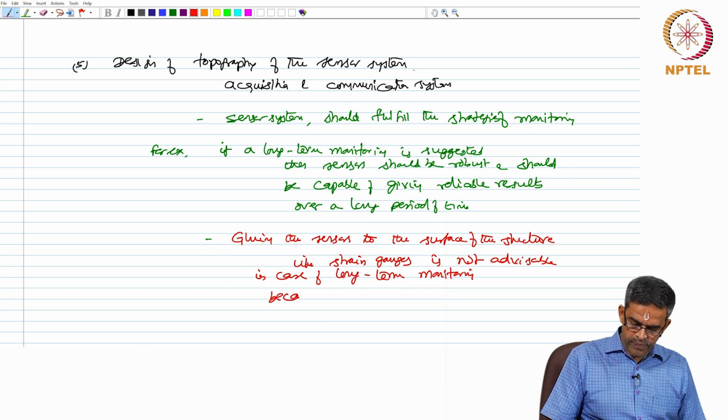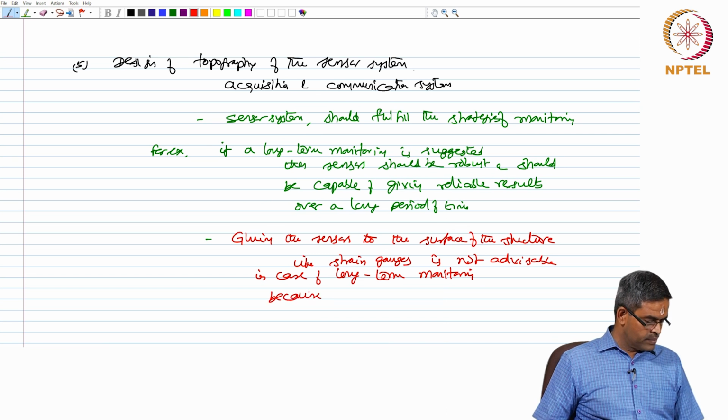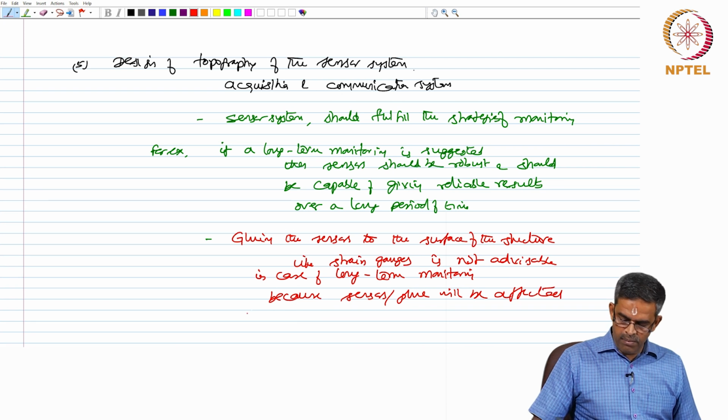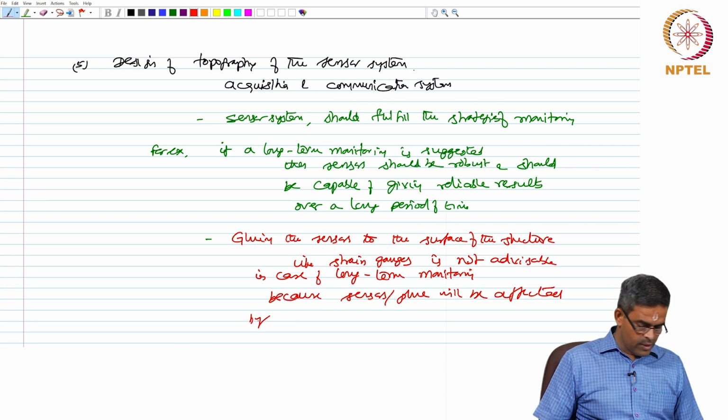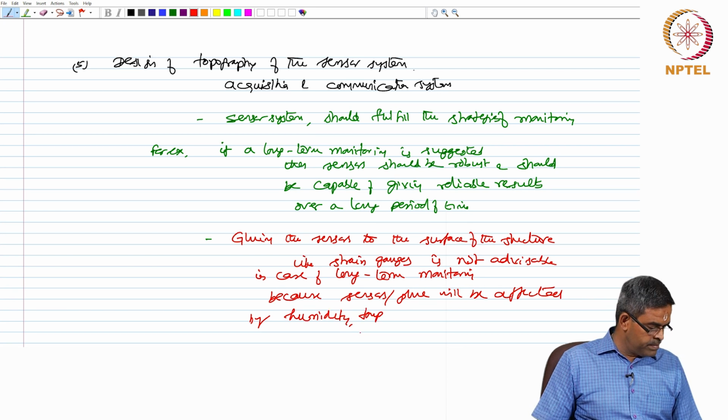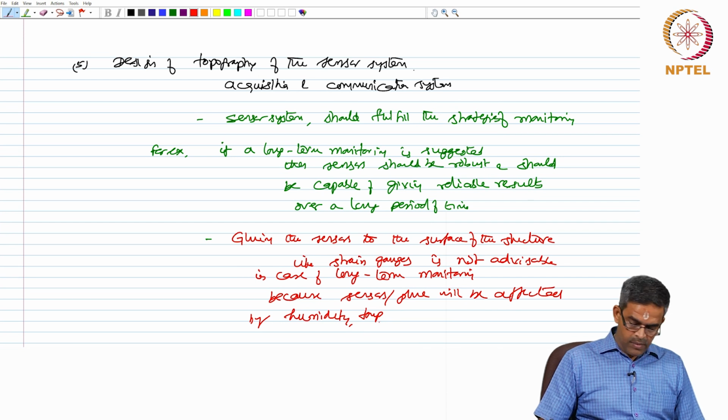Because sensors and the glue will be affected by humidity, temperature, ultraviolet lighting, etc.